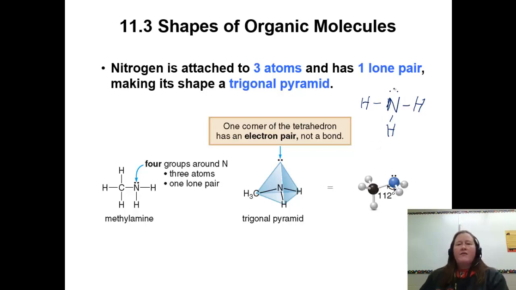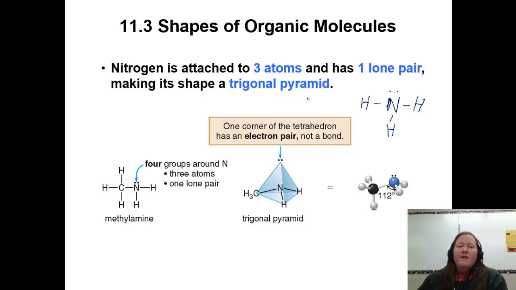When you have a structure like this, the shape of this is called trigonal pyramidal. So there are 4 groups around the nitrogen, right? There's this unshared pair of electrons, it's not an atom, but there are 4 things surrounding the nitrogen. 3 of them are atoms.